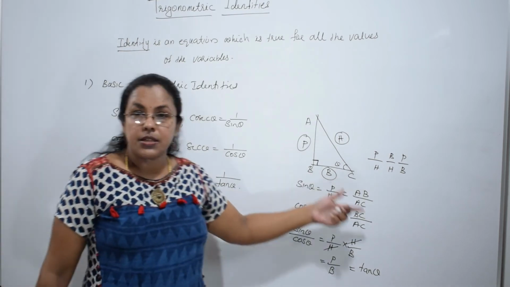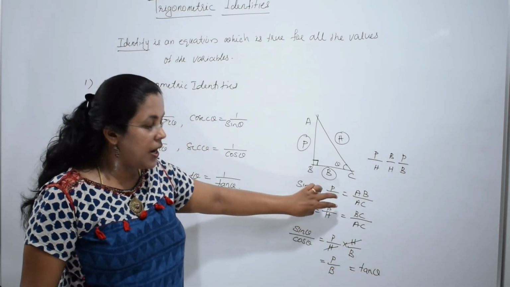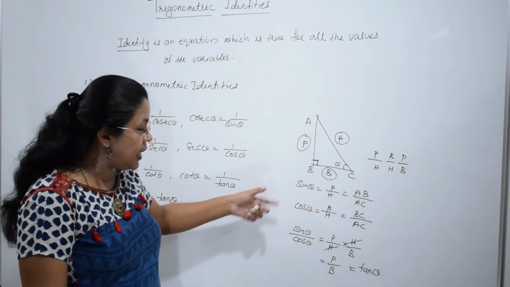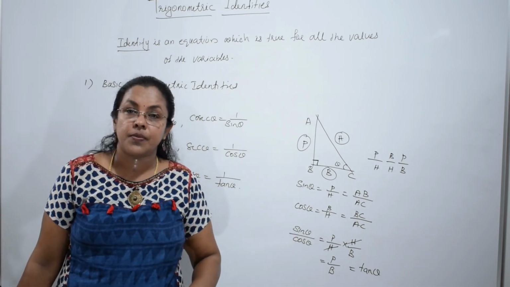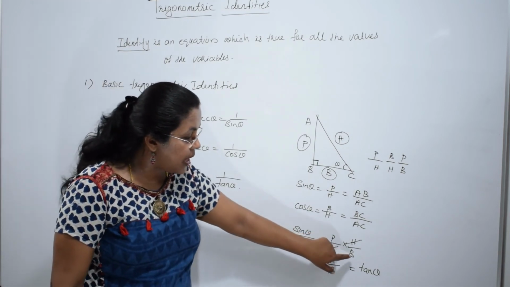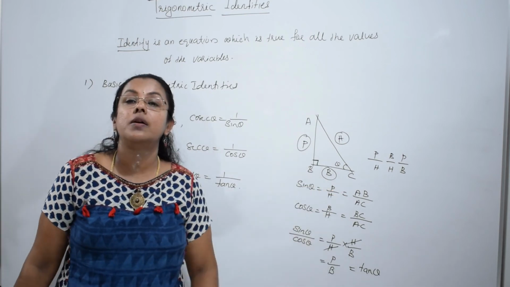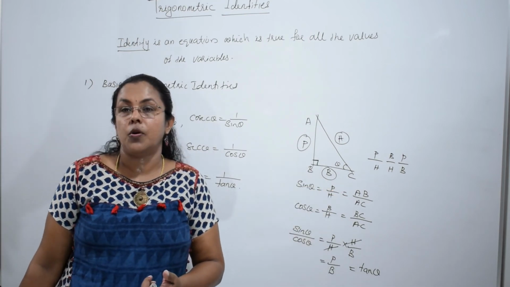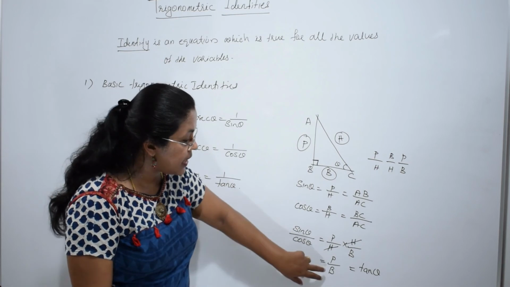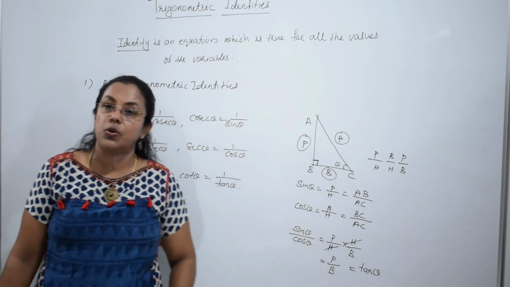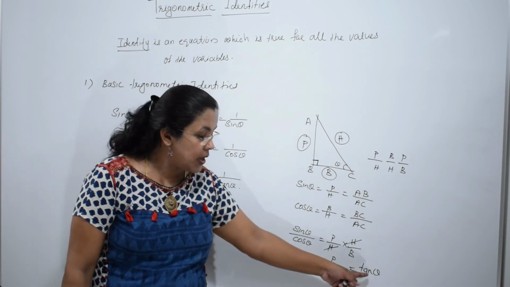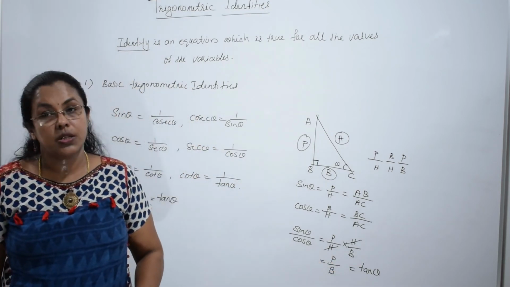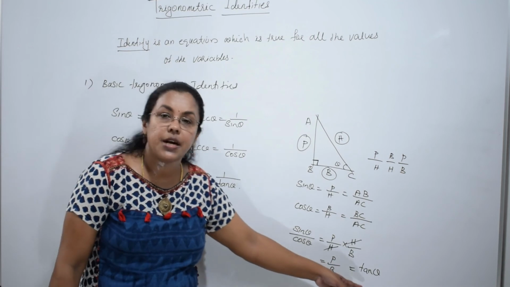If we divide in the reverse order, we get cos theta by sin theta, which is equal to base by hypotenuse upon perpendicular by hypotenuse. We will get the answer as base by perpendicular. What is base by perpendicular? It is nothing but cot theta, the reciprocal of tan theta.